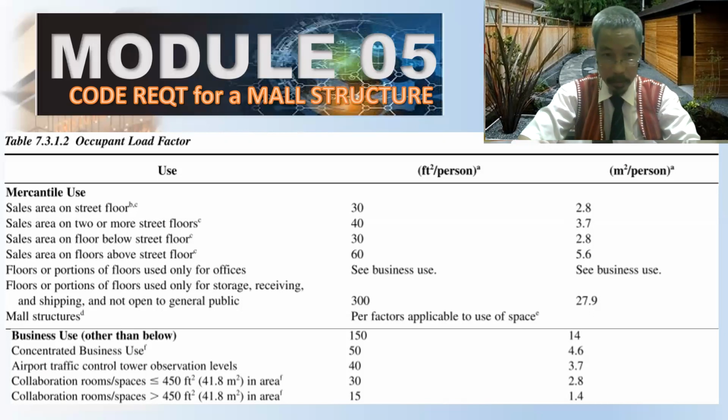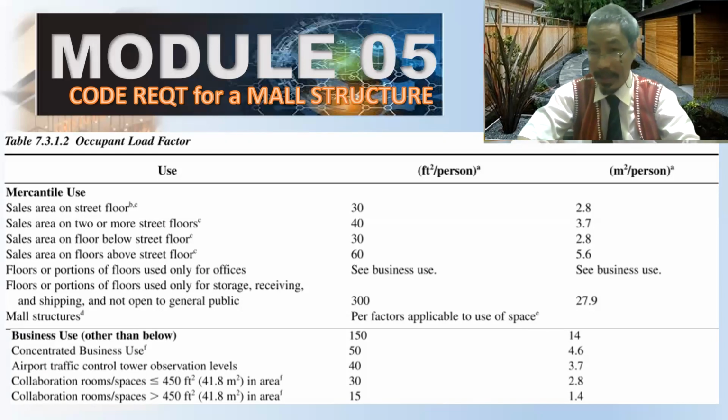Take note of these numbers. For example, sales area on first floor above the street floor, again that is 5.6. And so on. So there is plentiful information in this table. This is just a snippet, a small portion from the table.